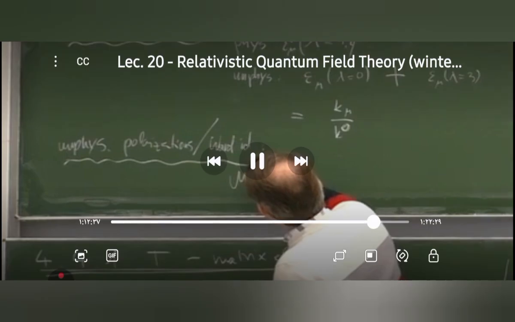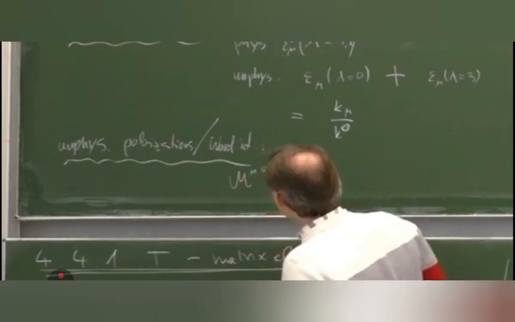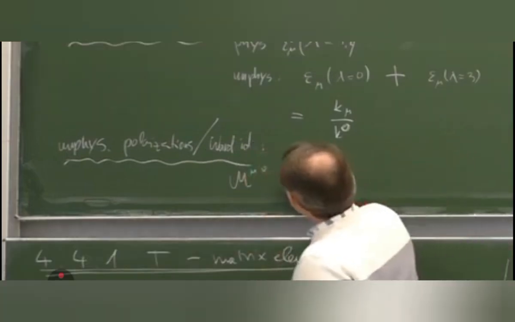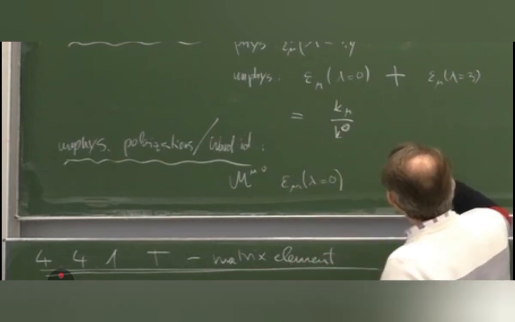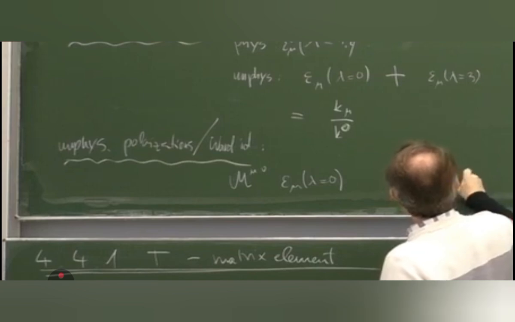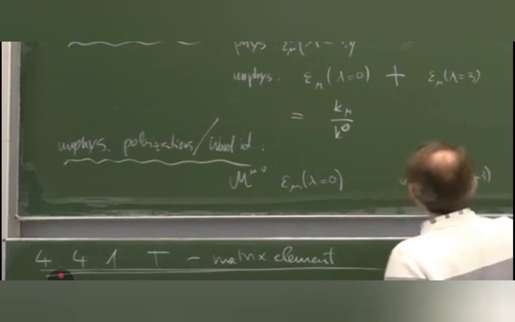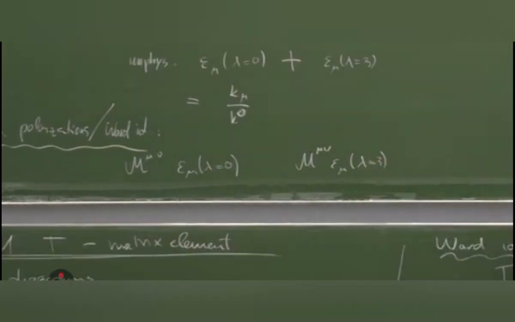If you do M^{μν} times ε_μ with λ equals 0 and compare it to M^{μν} times ε_μ with λ equals 3, then there is a relation. What relation? Namely, M times k is 0.